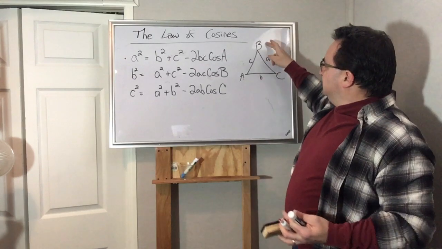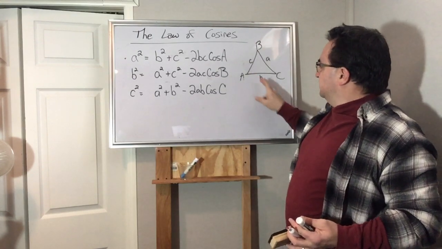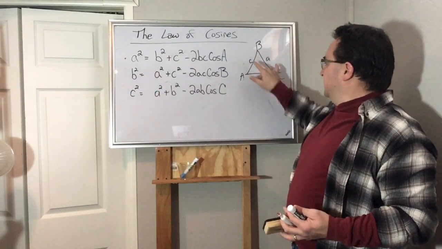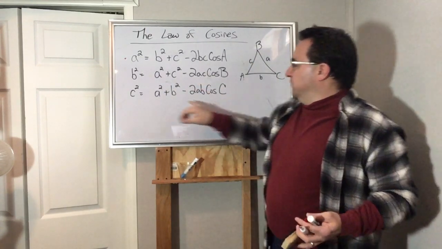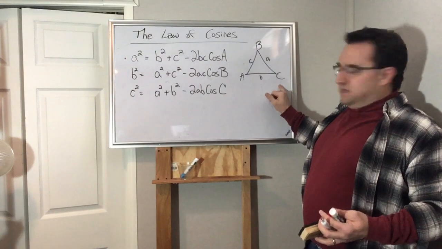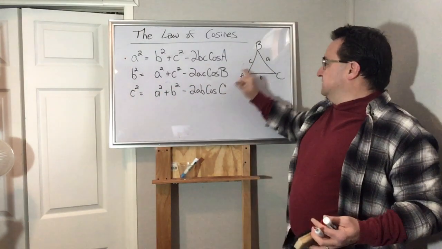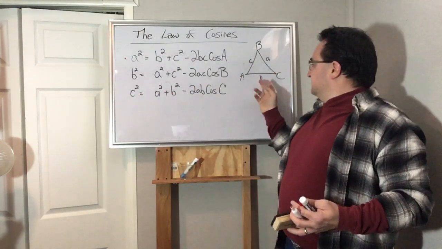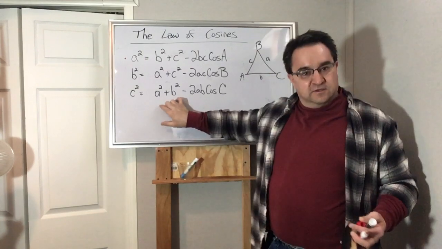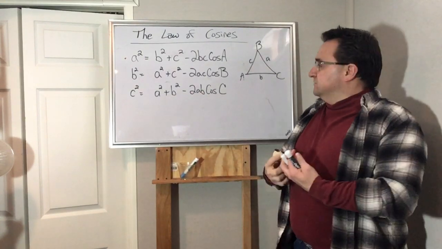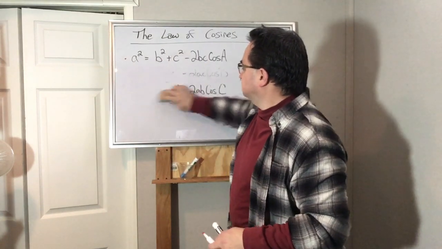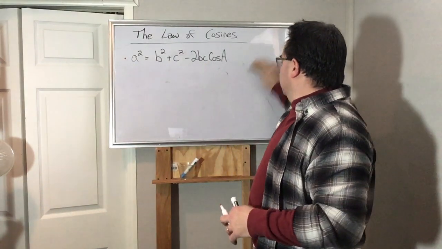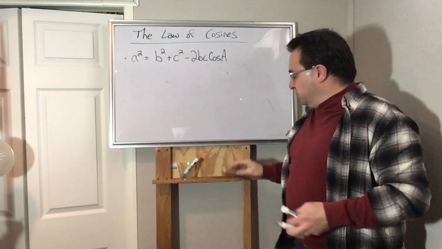If I go with B's from angle B, the side opposite is by itself, and A and C go here and here. If I'm focusing on angle C, then the side opposite it is by itself. And then these other two, A and B, notice how that's working out. So let's collapse this down to one version of the equation. And let's look at this more, how it would play out with a problem.